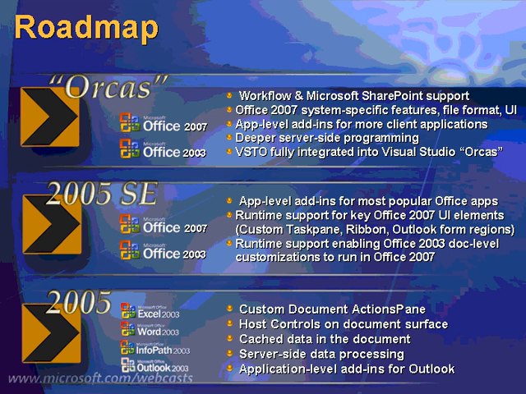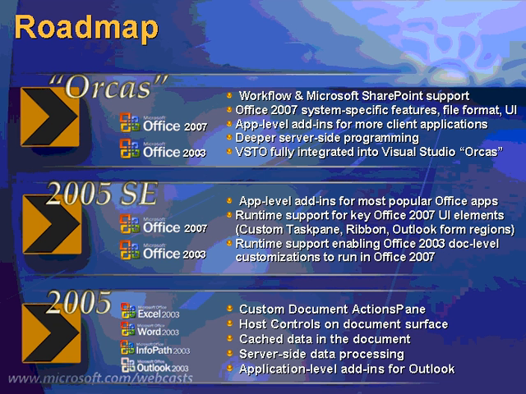So in VSTO SE, we provided support for the 2007 Office system. In particular, there were like 6 particular applications that we supported, and I think that's Word, Excel, Outlook, InfoPath, Visio, and PowerPoint. And not only did we supply support for those 6 apps, we also included support for 5 of those in the Office 2003 edition.